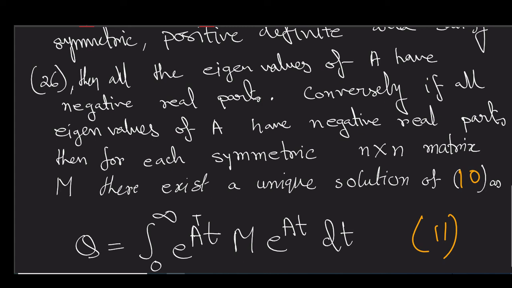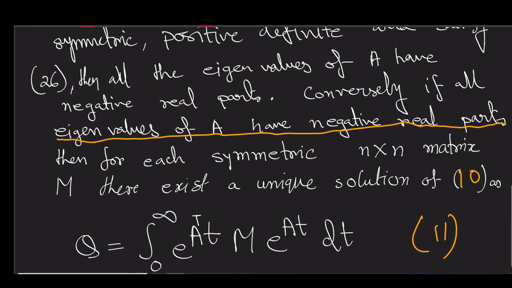Furthermore, if M is positive definite, then Q is positive definite. Conversely, if all eigenvalues of A have negative real part, how can we interpret this statement? This statement can be interpreted from our last semester control class: the system has all its poles located in the left half of the S plane.